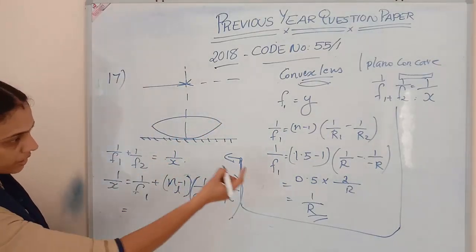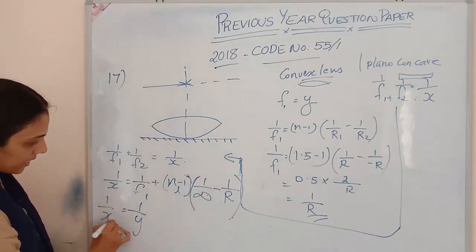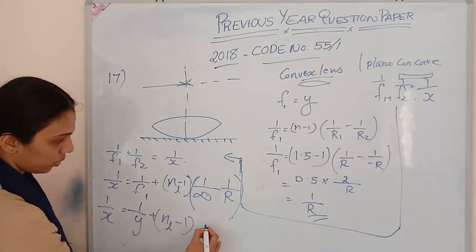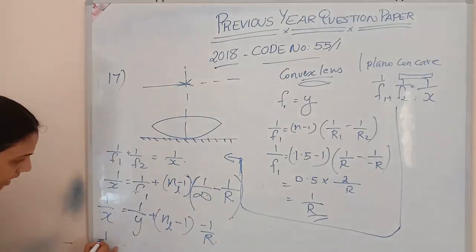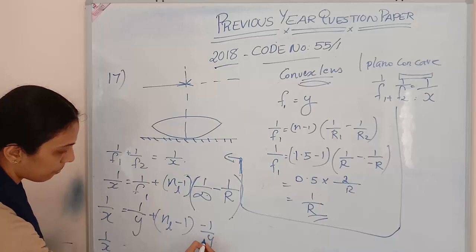So here 1 by f1 we got as 1 by y. 1 by x equals 1 by y plus nl minus 1 into minus 1 by r. Instead of 1 by r we can give 1 by y.